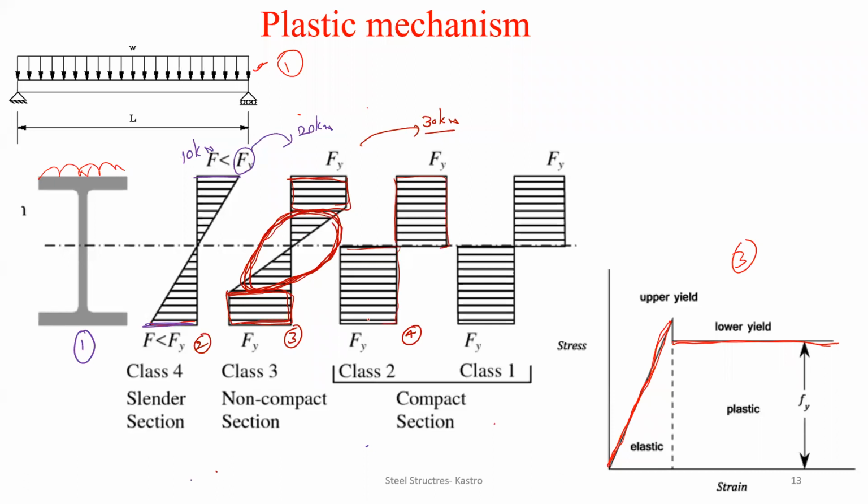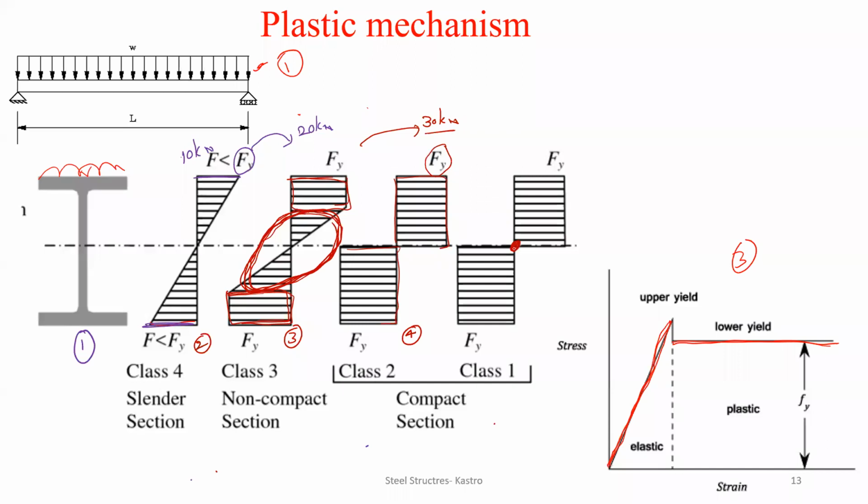Now, what happens when the entire section is yielded, or when the entire section reaches the value of Fy? At this point, there is a formation of a hinge, which is called a plastic hinge. So now you might understand how the plastic hinge is formed.